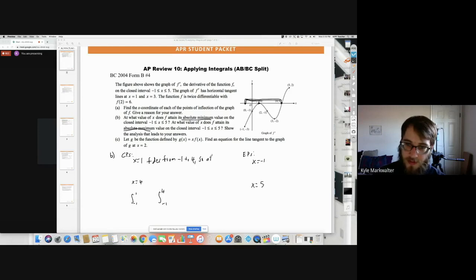So at x equals 4 is the minimum. Does that make sense? Yeah. So that could be one way to simplify that whole process.